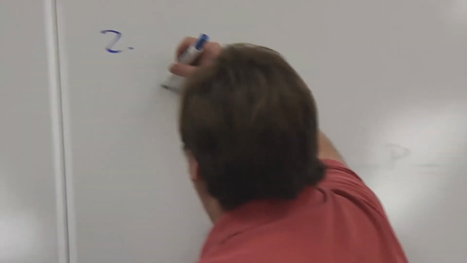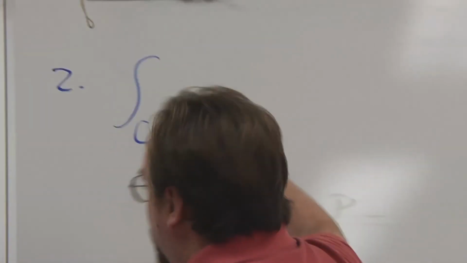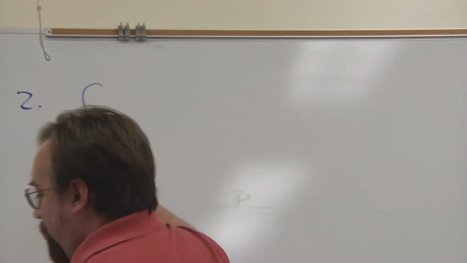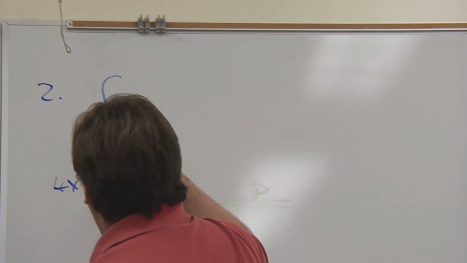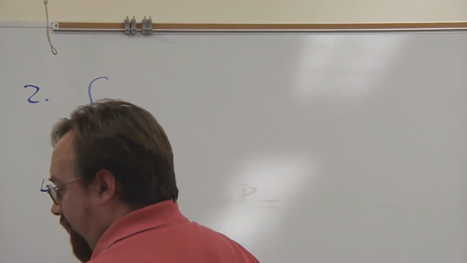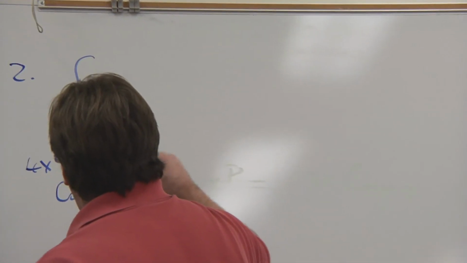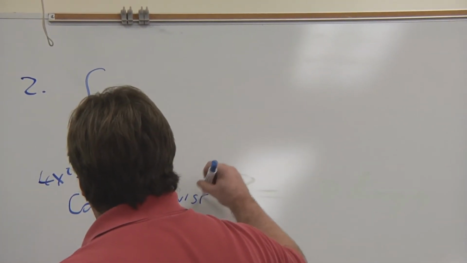Next one. So now we have this curve. We have an ellipse: 4x squared plus 9y squared equals 36.